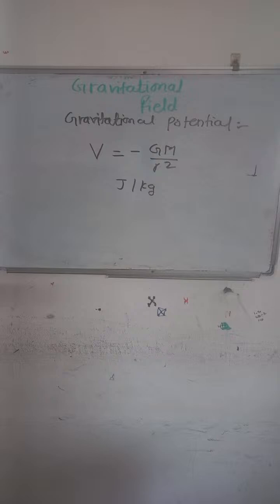If some object is moving towards infinity, then the potential becomes maximum, that is, it becomes zero at infinity. Means the body is moving towards infinity, then the potential becomes zero. There is no field there, which is very important.